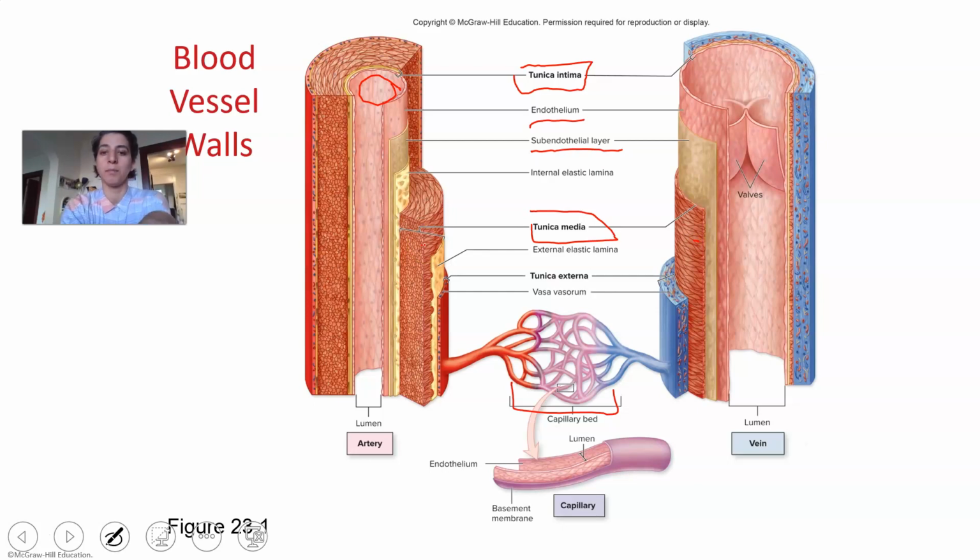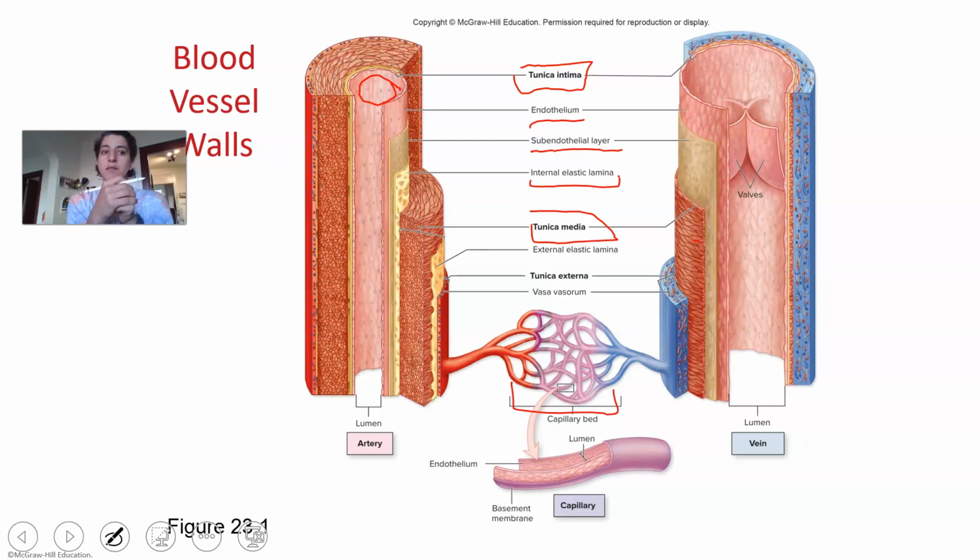So before we move on, I did forget to mention you also have this internal elastic lamina that you find in arteries and not in veins. So arteries are generally a lot more elastic than veins. Okay, and if you think about it, they are receiving, especially the big arteries, the elastic arteries. There are arteries called elastic arteries, like the aorta.